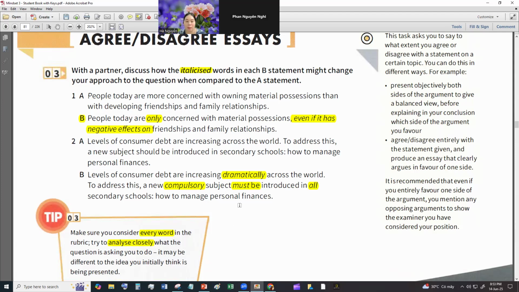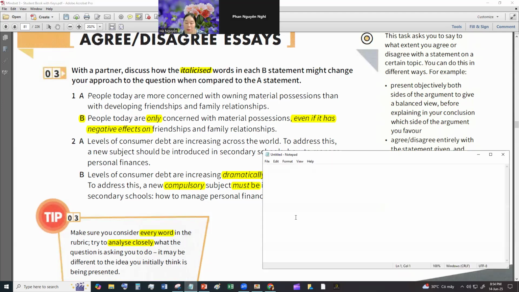So maybe with A, you can agree with it in certain aspects and disagree with it in certain aspects. However, for statements like B, if you agree, I would say you strongly agree. If you disagree, I'd say you strongly disagree. So remember, I told you about the degree.